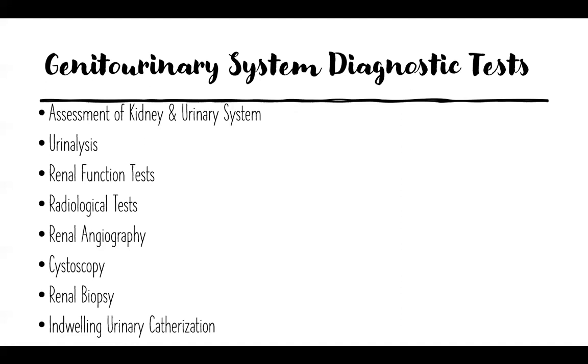So if there's going to be a femoral approach, we want to especially assess the most distal pulses, which is the dorsalis pedis pulse, which is the pulse on the top of the foot, by the greater toe, between the first toe and the second toe.